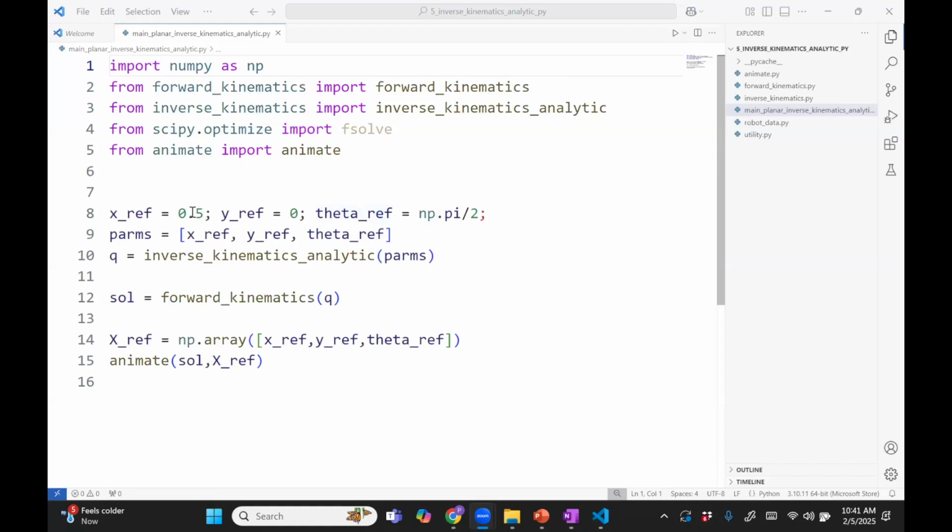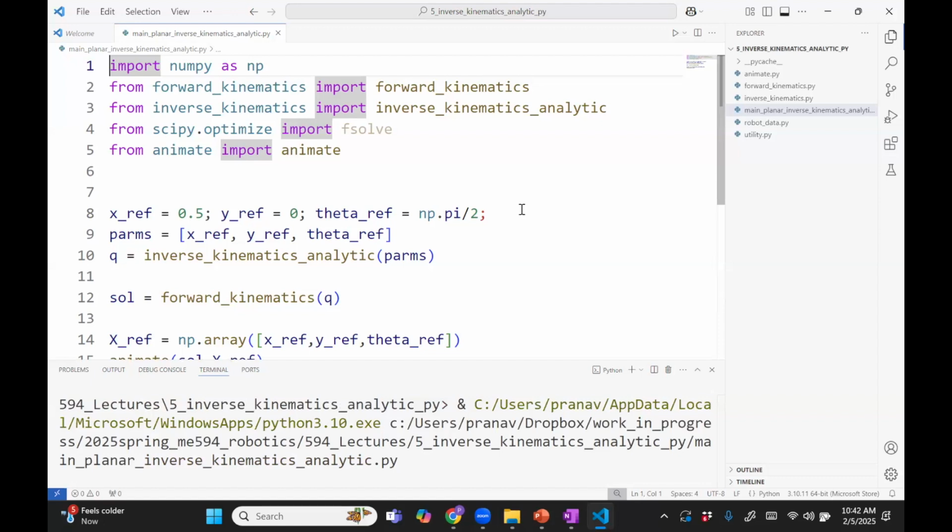I want it to be at (0, 0.5) with an angle of 90 degrees, so it's vertical. I have a function I created, inverse kinematics, which computes the analytic solution based on the formulas I derived. To verify this, I use forward kinematics to create sol and then animate it. If you run this, it gives you the solution and also makes a plot.